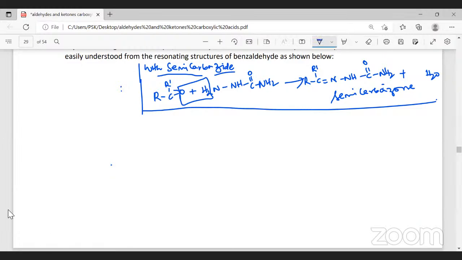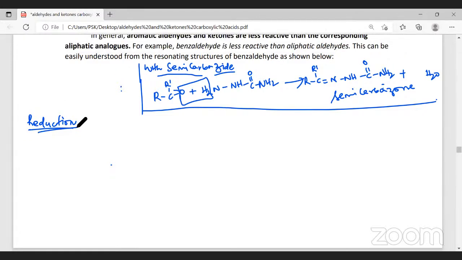The next one is reduction reactions. So what we have learned is nucleophilic reactions. Now the next one is reduction reactions. We learned that aldehydes and ketones also undergo reduction. Reduction to alcohols.